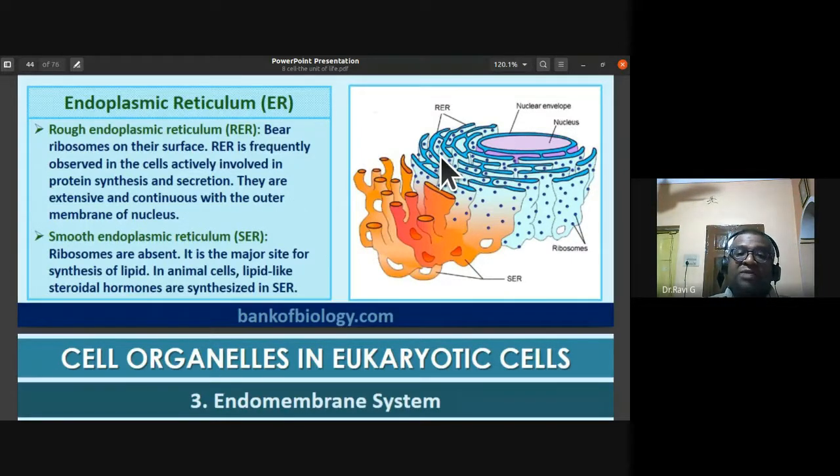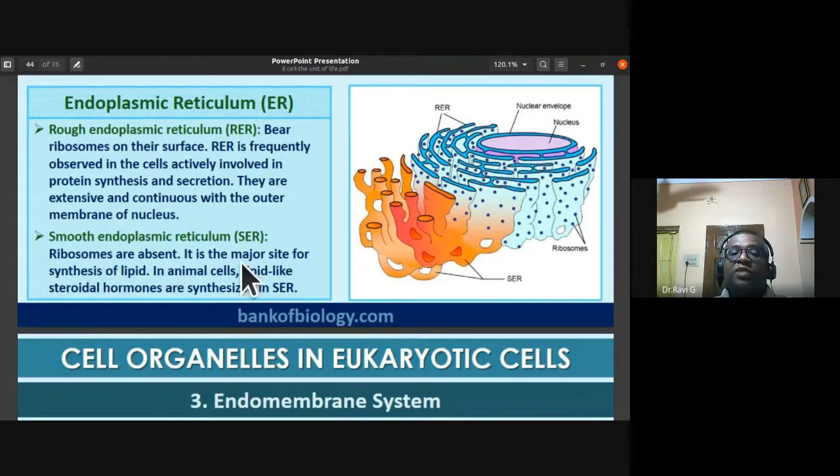So rough endoplasmic reticulum is found in those cells which are actively involved in protein synthesis and secretion.